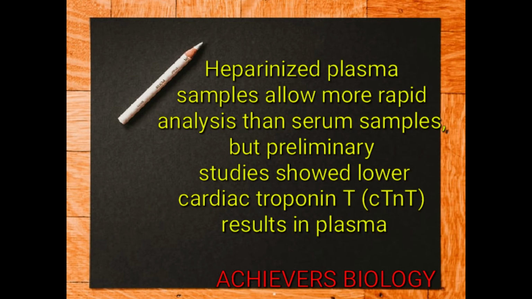In case of heparinized plasma samples, these samples allow more rapid analysis than serum samples. But preliminary studies show that lower Trop T results occur in plasma. The presence of negatively charged polyanions on the heparin binds to the positively charged troponins.